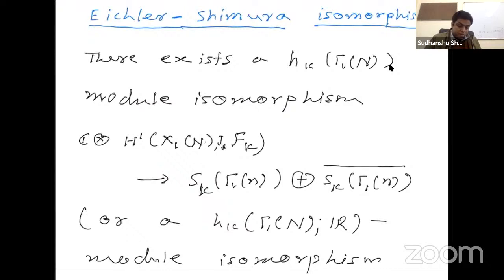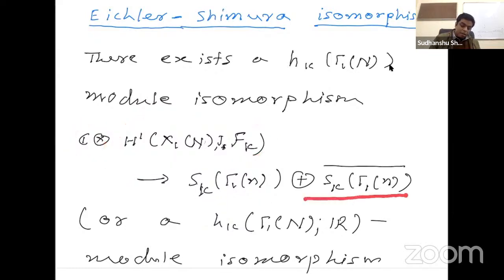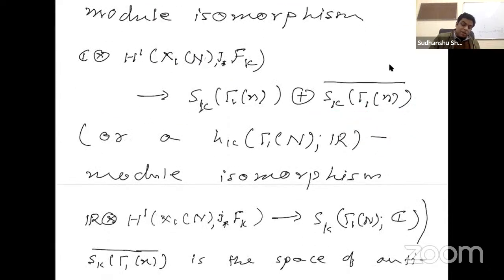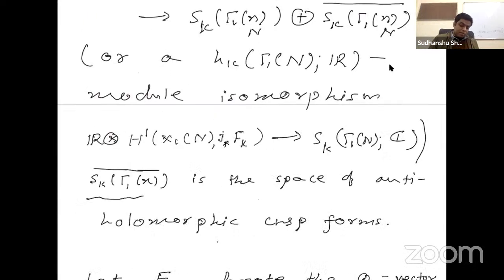And this again, I think the Eichler-Shimura isomorphism, I believe, was discussed a little bit earlier also. So there exists an isomorphism between this cohomology group, once you tensor over C, and the space of cusp forms, direct sum with, so I've written here S_k(Gamma_1(N)), sorry, this would be capital N. This S_k-bar(Gamma_1(N)) is the space of anti-holomorphic cusp forms.